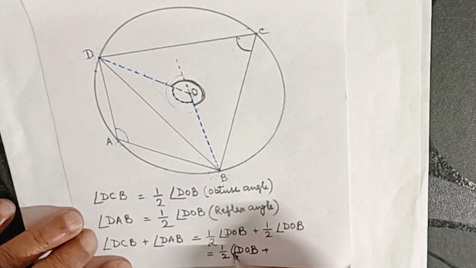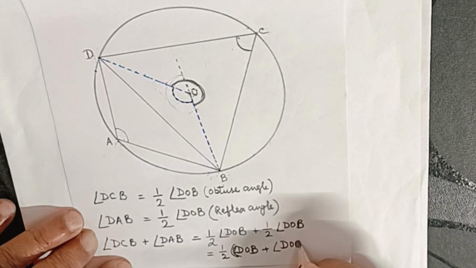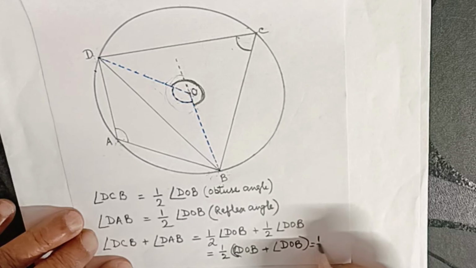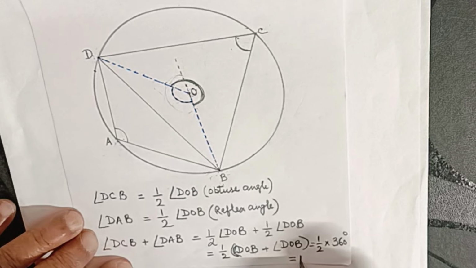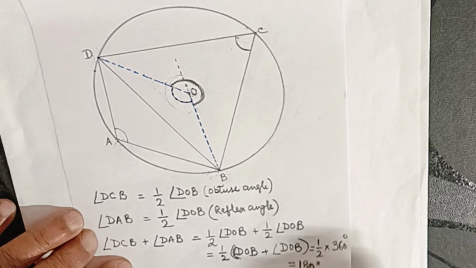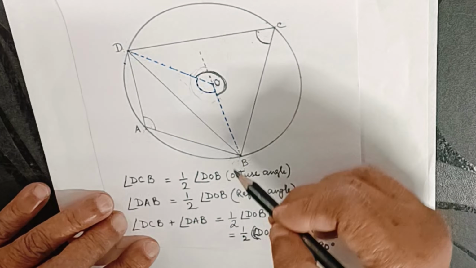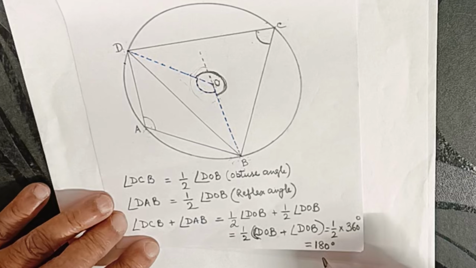One is the reflex angle and another is the obtuse angle. This together makes half of 360 degrees, which is equal to 180 degrees. So it is now proved that angle DCB plus angle DAB is 180 degrees.